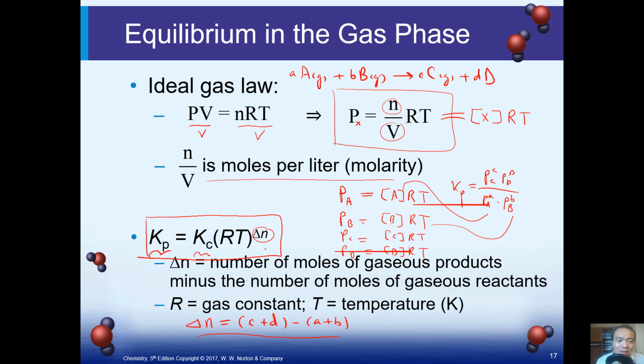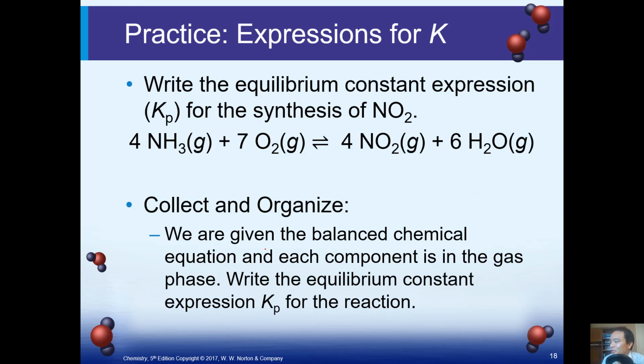Let's look at one example. In this chemical reaction, we ask you to write the equilibrium constant expression, Kp, for the synthesis of NO2 as you see over here. How do you write this? It's Kp, so it's based on partial pressure. It's NO2 raised to the chemical coefficient 4 times the P for water.